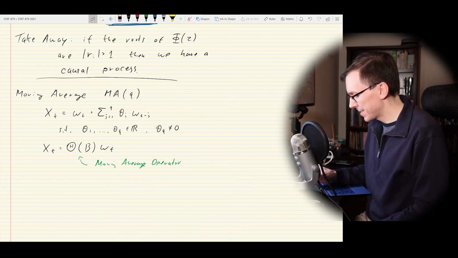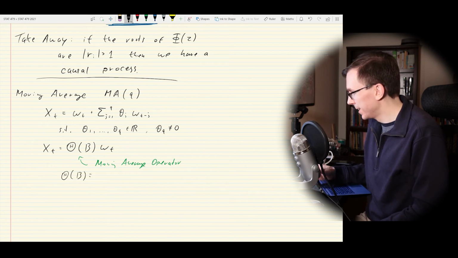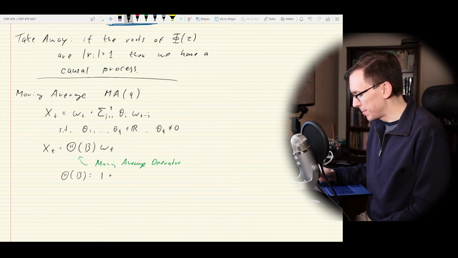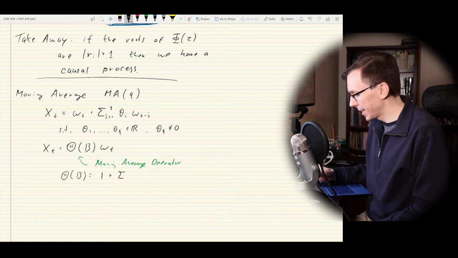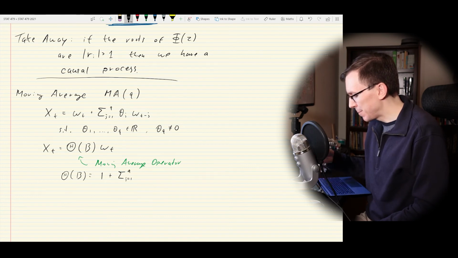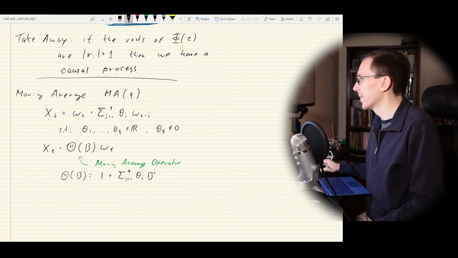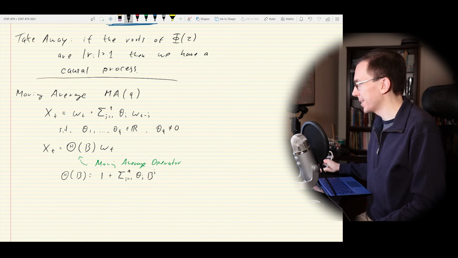And just to explicitly write it down, capital theta of B is very similar to the autoregressive piece, but it's going to be a 1 plus, because we're not moving anything to the other side of the equation like we did in the AR process. It's going to be 1 plus the sum j from 1 to q of theta j B^j. All right, and this is our moving average operator.